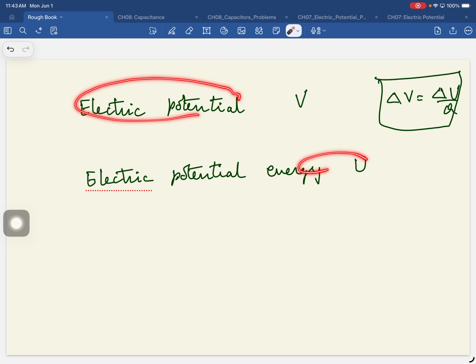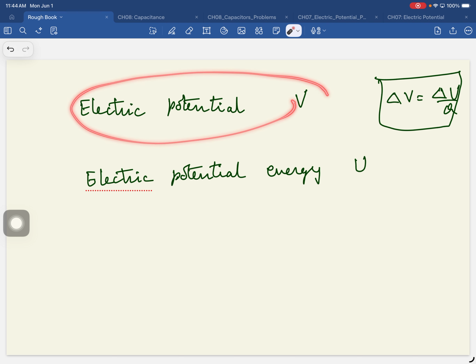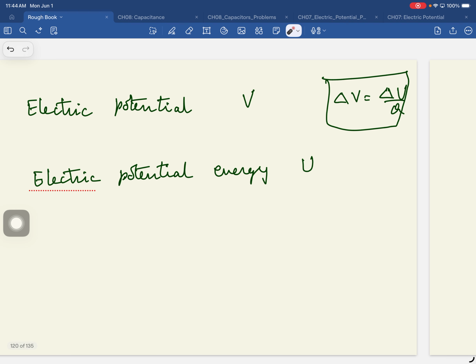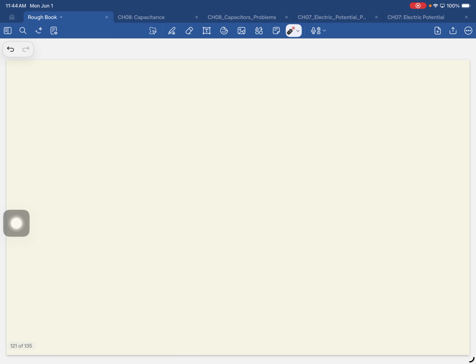And this is potential energy per unit charge. So this is a quantity that is the same at a given location, independent of the charge. This guy depends on the location, but it also depends on the charge. So the way the two are related is that the change in electric potential is the change in potential energy divided by Q. The reason we had to define this was because we had two different kinds of charges.